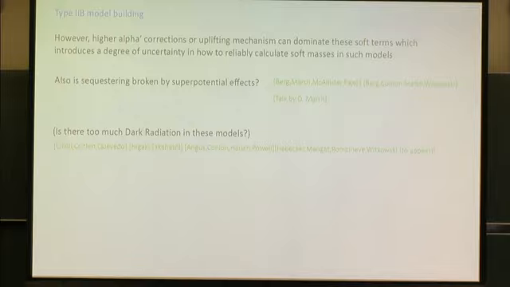So it may be that these models will be, in some sense, ruled out by experimental data over the next few years, which I think would be very nice. At least, unless somebody can think of some mechanism to save them, which probably someone will.